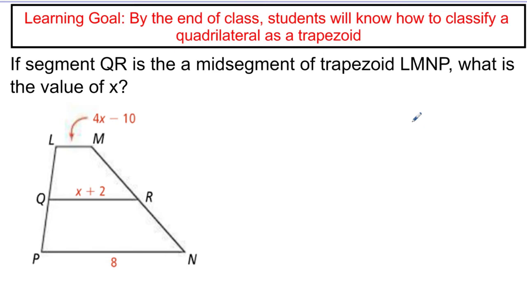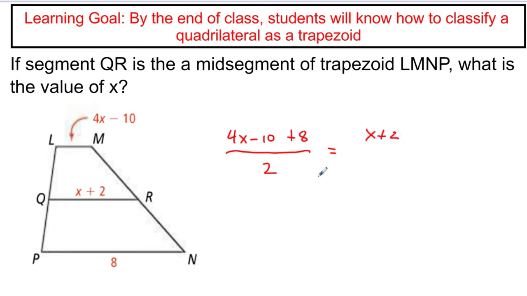If I give you this problem, they've stated that QR is a midsegment, so we know that these properties apply, and they're telling us that LM, which is a base, is 4x minus 10, and PN on the bottom is 8, and that is also a base. So what we said is if you add together the bases, which is 4x minus 10 plus 8, and you divide that by 2, you should get the midsegment, which they're telling us is x plus 2.